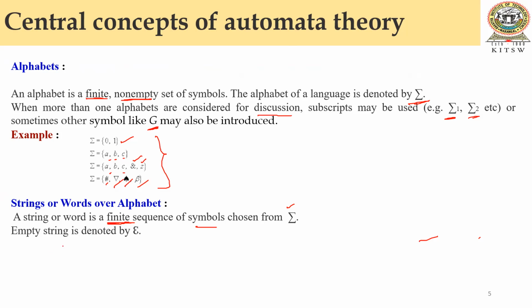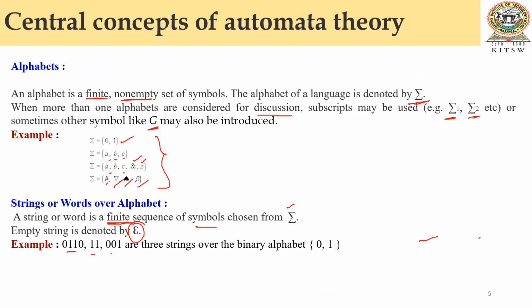If there are no symbols in the string, then it is called the empty string, denoted by epsilon. For example, 0, 1, 1, 1, 1, 0, 0, 1 are strings over the binary alphabet 0 and 1. The combination of 0 and 1 is called a string.